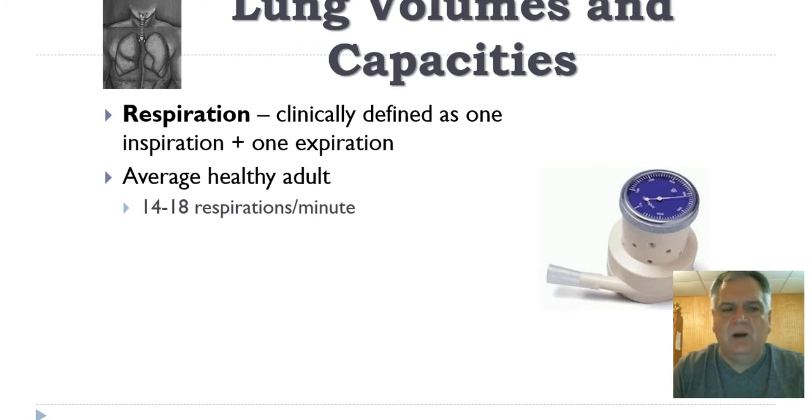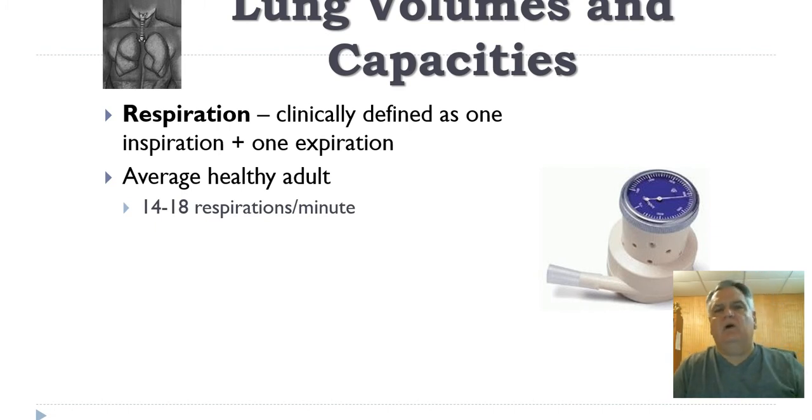So when we talk about respiration, how many times on average does a healthy adult actually breathe in and out? How many respirations occur per minute? Well, I have up here about 14 to 18 respirations per minute is the average for a healthy adult. Now you have to remember I come out of a sports medicine background.